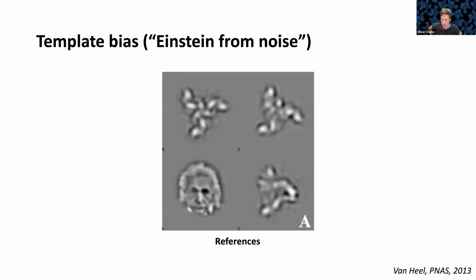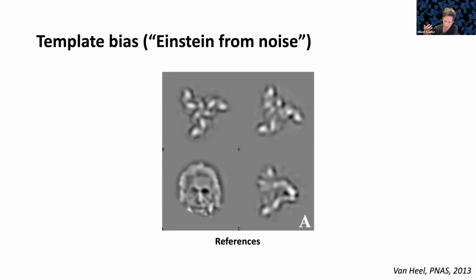Just to walk you through the classic example of template bias, the Einstein from noise effect. This arose from studies of the GP120 trimer, where a structure was obtained to a nominal resolution of, I think, 6 angstroms, but it was obtained using references that were filtered to approximately that resolution.